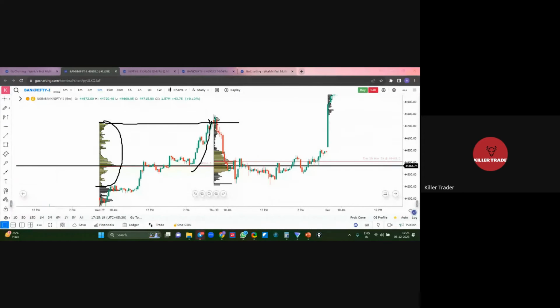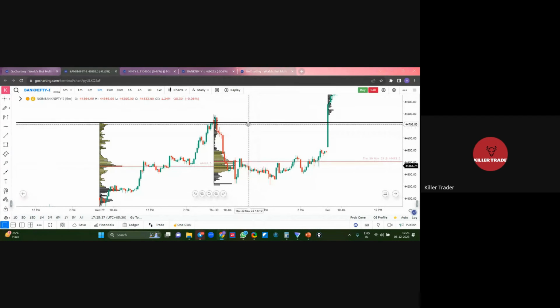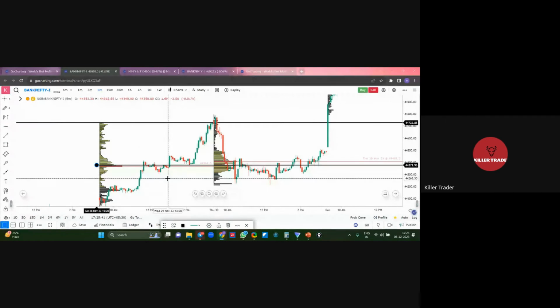But right at open, we started coming down. Price took resistance at your value area high. As I said, you need to mark your value area high and your POC here. This is your previous day's value area high, and this is your POC.